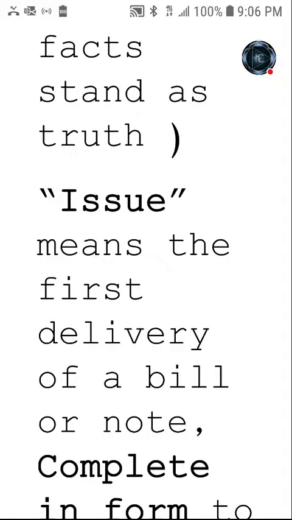Show the irrelevance of their facts by raising your standing in truth. Facts only stand as truth. That's just like a substitute. That's a substitute teacher. It's not the teacher.